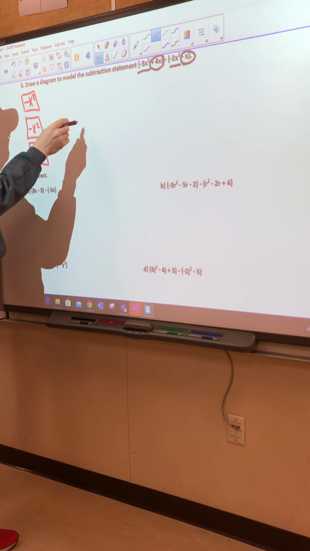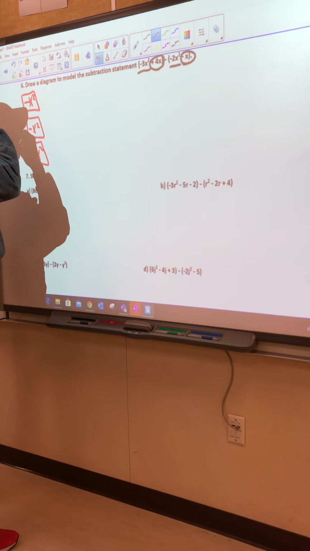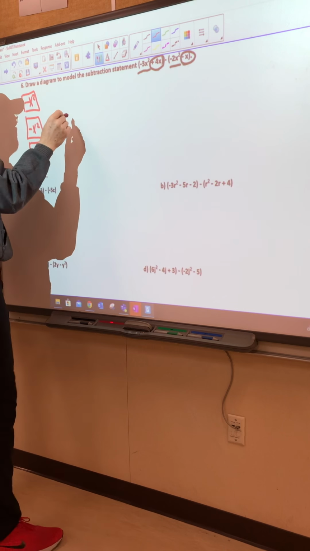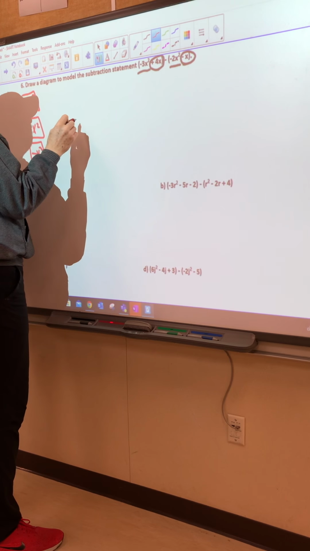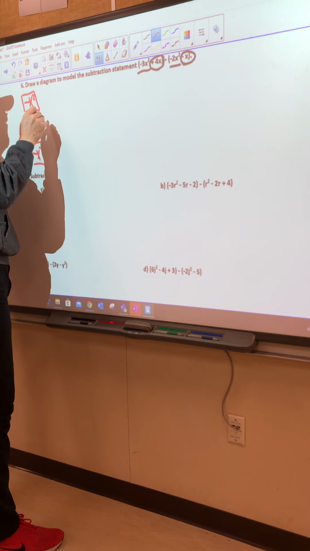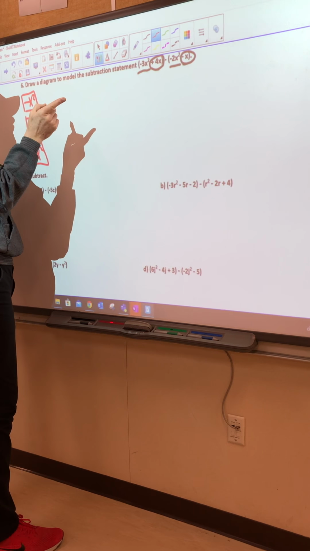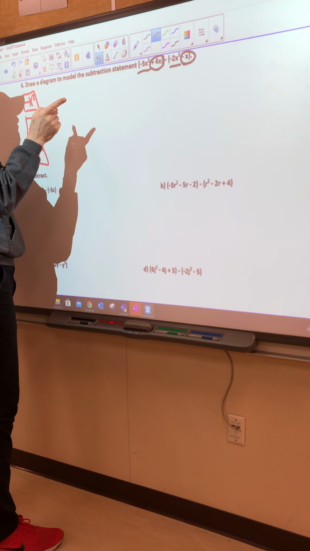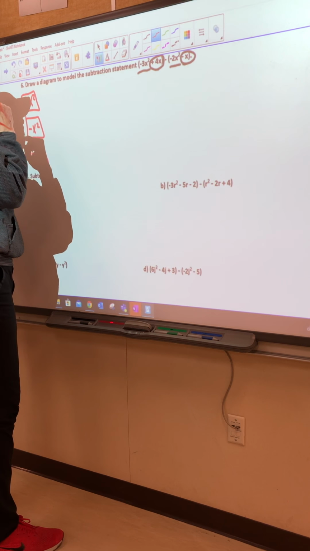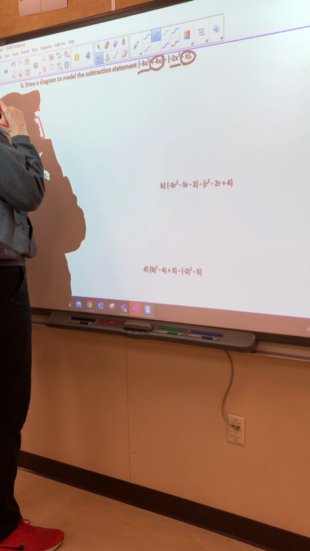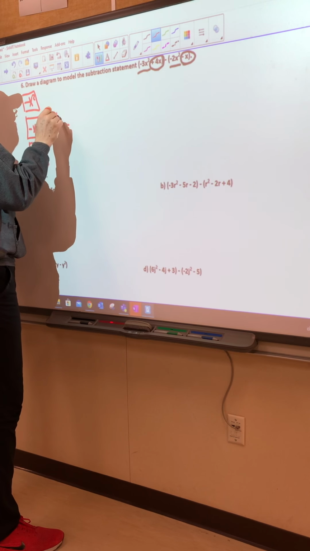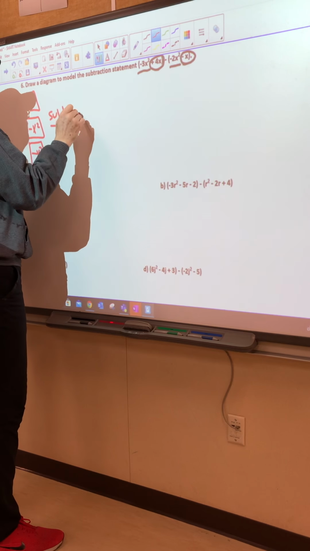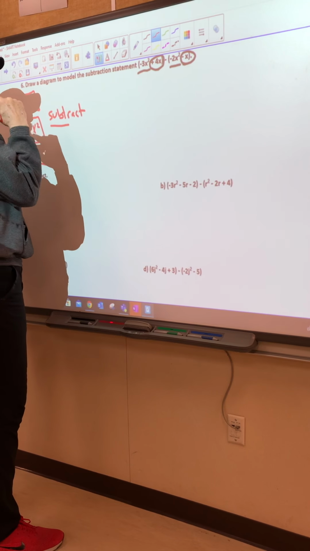And then we subtract negative 2x squared. So subtract the negative means add a positive. Illustrate that? Yeah, we could. So we're going to call this subtract. That line means minus.